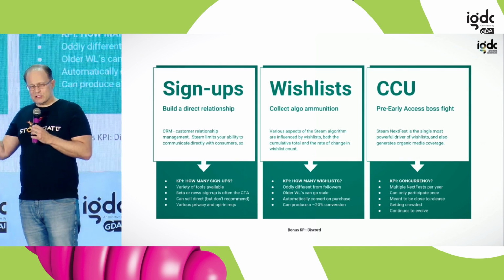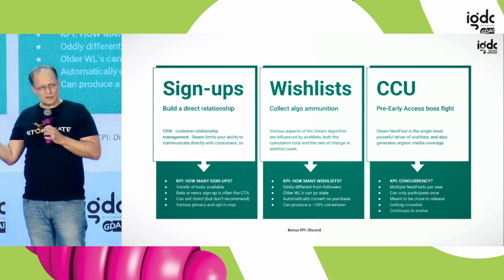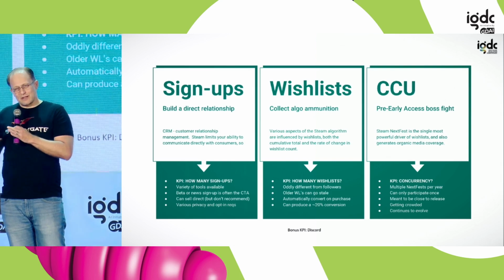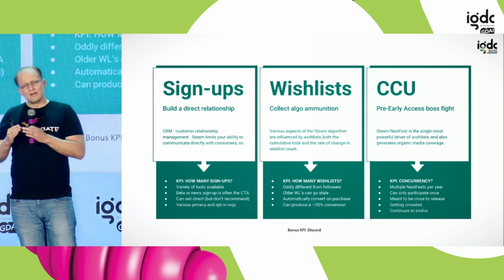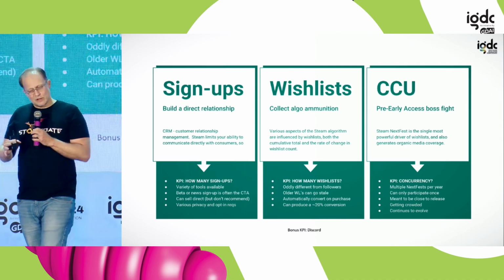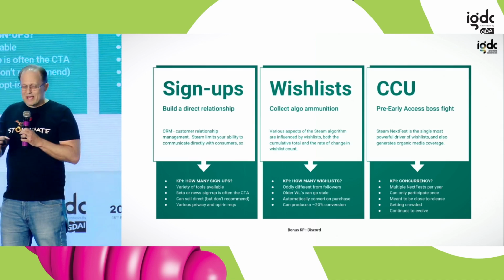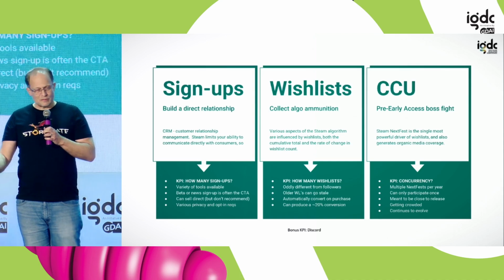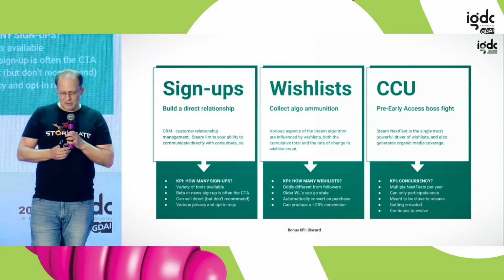The more wish lists you have, the more that triggers the algorithm, and in certain cases, the time duration in which those wish lists happen can also help trigger the Steam algorithm. But that's another key performance indicator, is just how many wish lists have you accumulated ahead of early access launch.